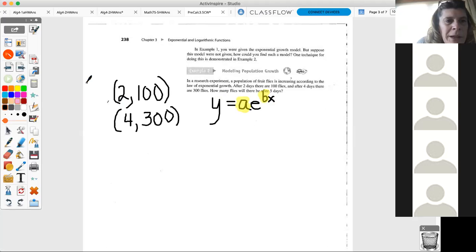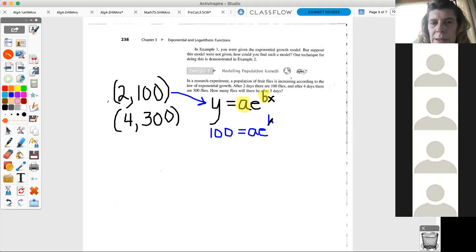Okay, so I'm going to make two equations. I'm going to make one equation that uses this x and y. All right, so I've got 100 equals a e to the b times 2. All right, then I'm going to use another equation that has this in it.